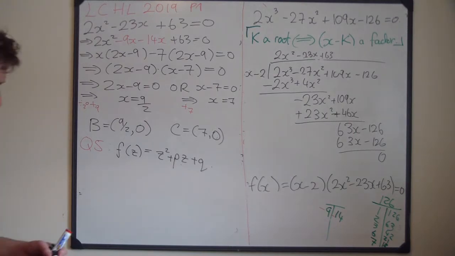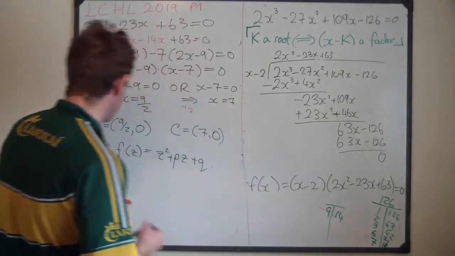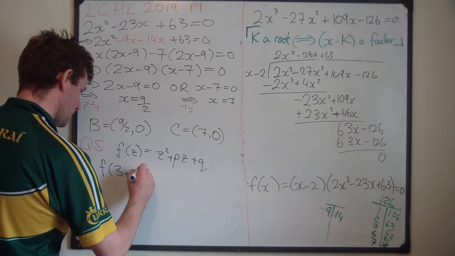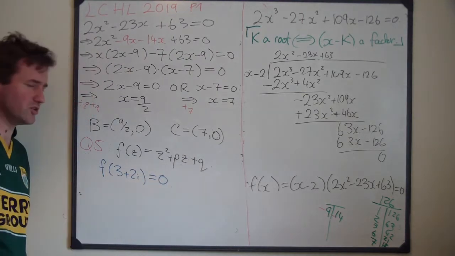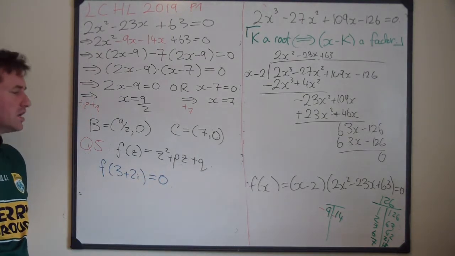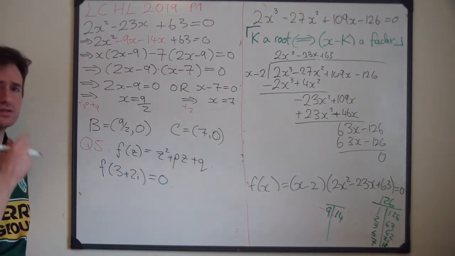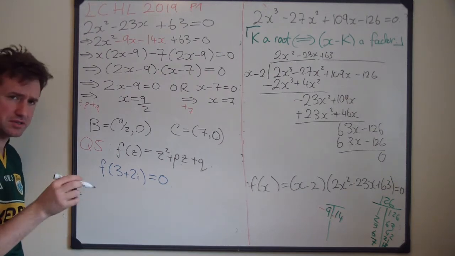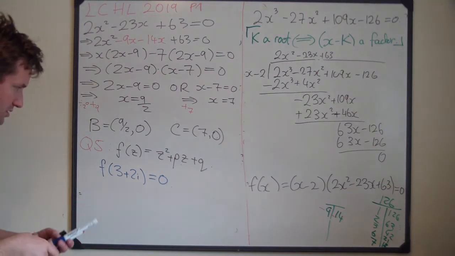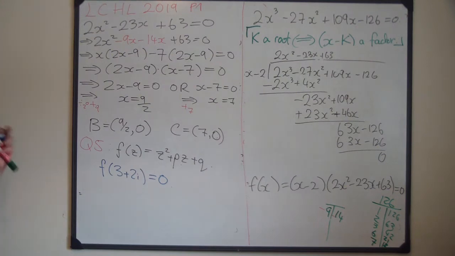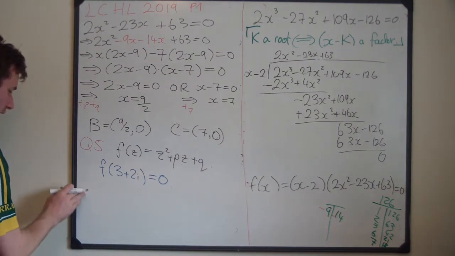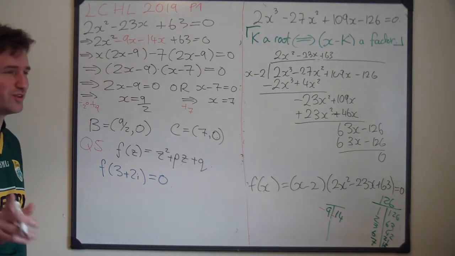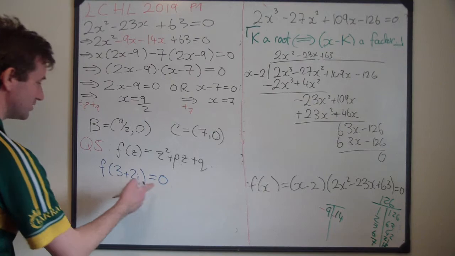The easy thing to do is probably to substitute in 3 plus 2i and get 0. Maybe we'll actually do this question a few different ways. So we'll do this way first. There's some cleverer ways of doing this, a very clever way, but this is probably the basic way.